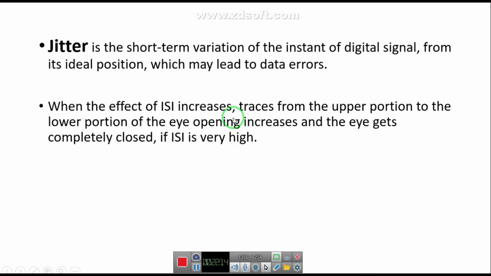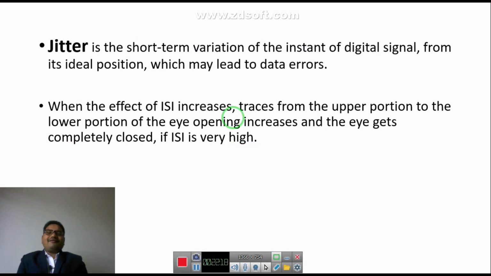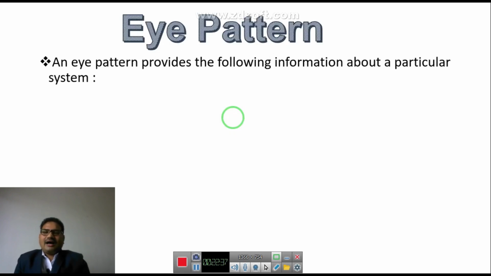Now what is jitter? Jitter is a short-term variation of the instant of digital signals from its ideal position, which may lead to data errors. So when the effect of ISI increases, the traces from the upper portion to the lower portion of the eye opening increase, and the eye gets completely closed if this ISI is very high.